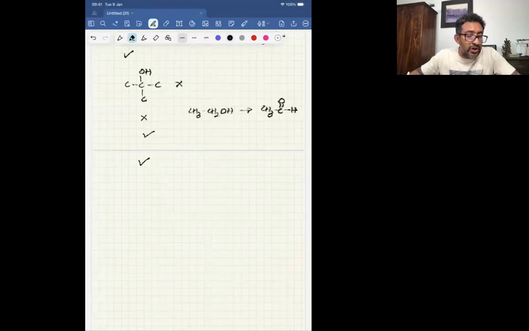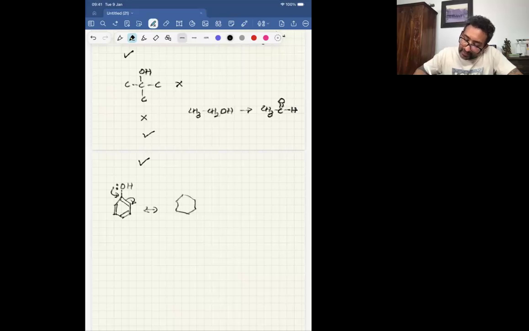Explain why phenols do not undergo nucleophilic substitution reaction unlike alcohols. If they ask you to explain this, what you need to write is the resonance structures. The phenol has resonance structures like that. So what you have is double bonds here. There's a double bond to OH plus, and the negative charge goes over here, right? And then we worked on this one.